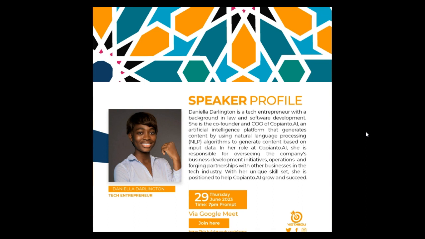In her role at Copianto.ai, she is responsible for overseeing the company's business development initiatives, operations, and forging partnerships with other businesses in the tech industry. With a unique skill set, she is positioned to help Copianto.ai grow and succeed.